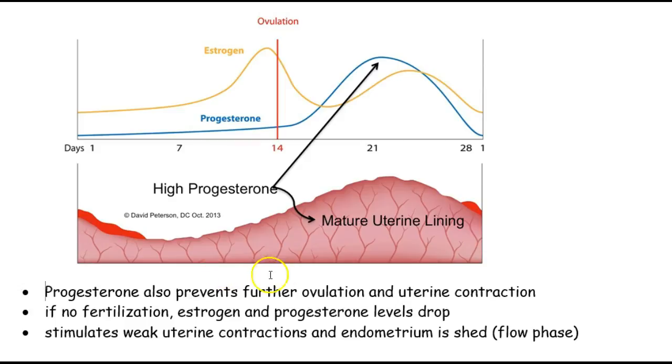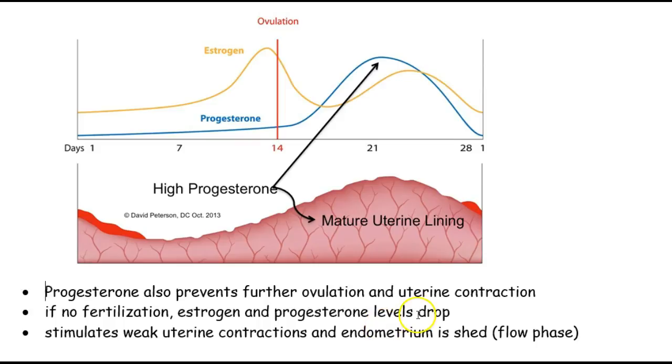The more fertilized eggs there are that require support and nutrition from an endometrium, the harder it is for a woman to supply that and make sure that all of the offspring are healthy and viable. So progesterone is going to prevent further ovulation to ensure that that initial fertilized egg gets the best conditions possible for growth and development.